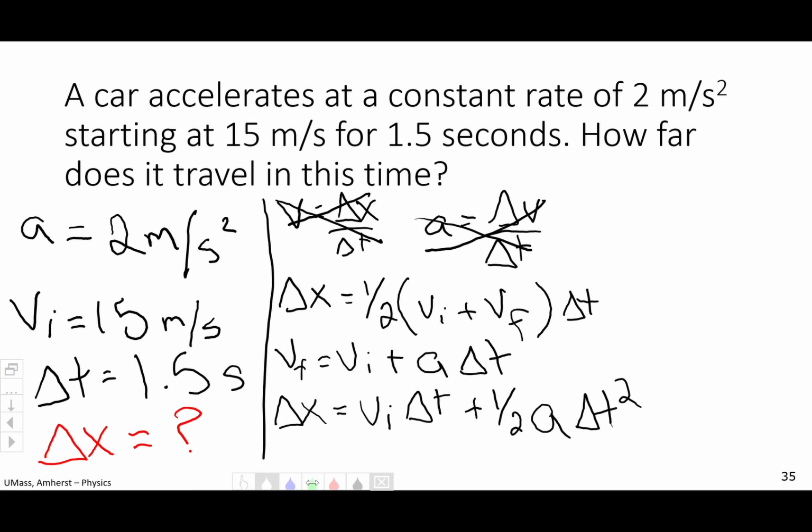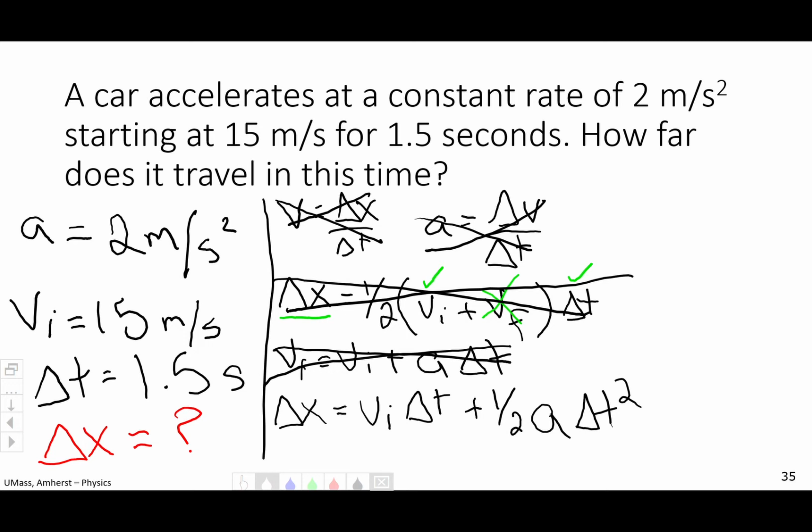All right, let's look at the next one. Delta x. Ooh, we're looking for that. That's good. 1/2 is a number. vi we have. vf we do not have. We do have delta t, but we don't have everything we need, so this one's out. The next formula, vf equals vi plus a delta t, does not contain delta x, therefore it is also out.